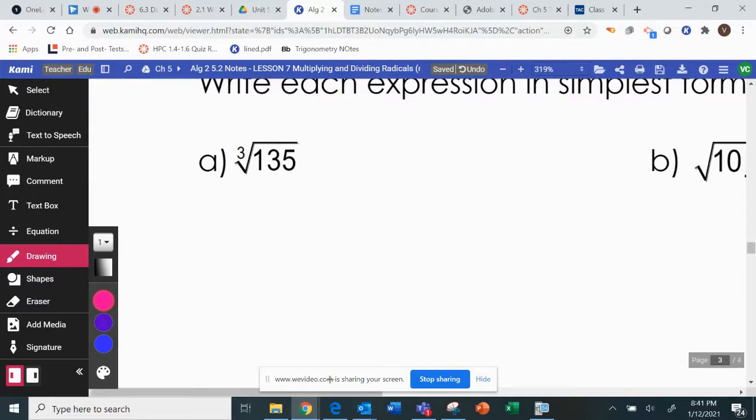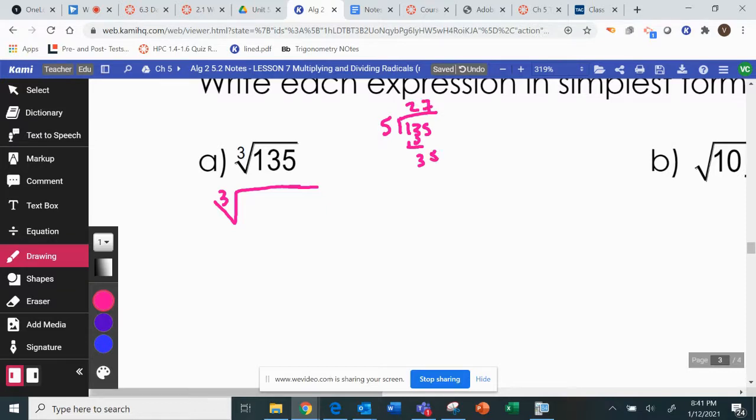Okay, the cube root of 135. So I want to break the cube root of 135 down into smaller numbers, and hopefully one of those numbers is a perfect cube. Let's see, I know 135's got to be divisible by 5. And since I'm not using my calculator at the current moment, I'm doing it by hand. 5 goes into 135 27 times.